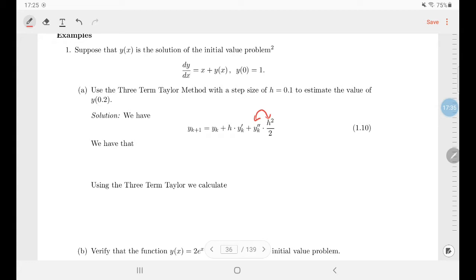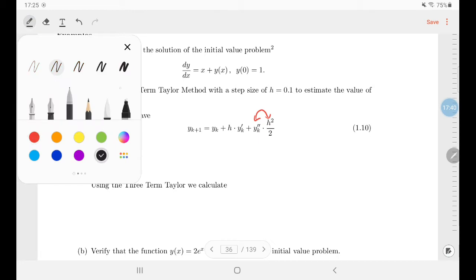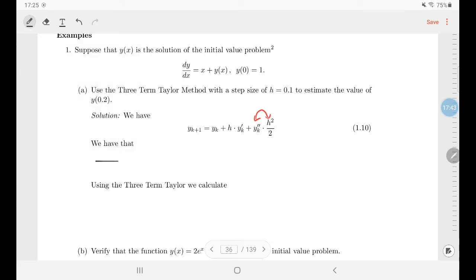Now we have the derivative, we need to get the second derivative. So to get the second derivative, I differentiate the first derivative. So the second derivative, y double dash, is the derivative of the first derivative. And the first derivative is up here, it's x plus y. So it's not too hard to differentiate. I differentiate term by term.